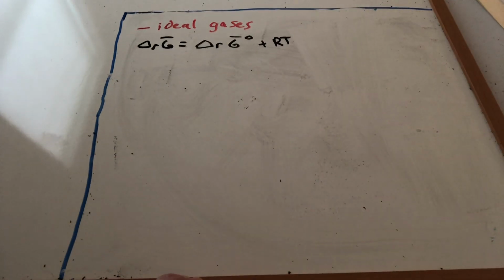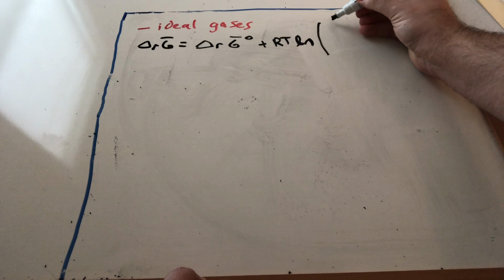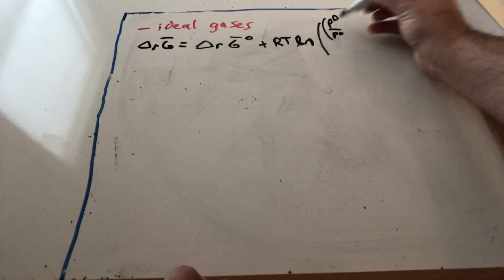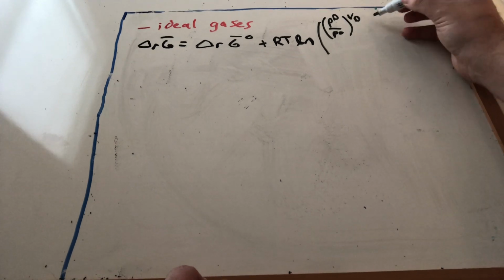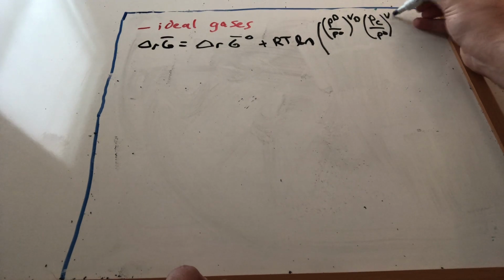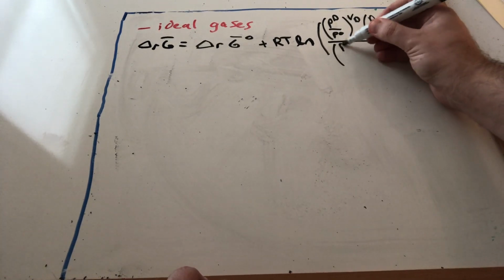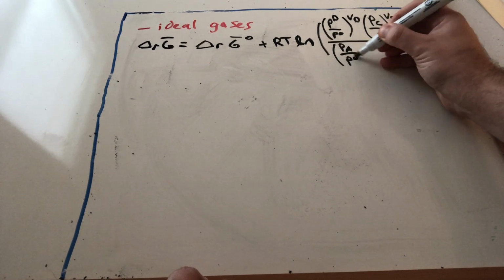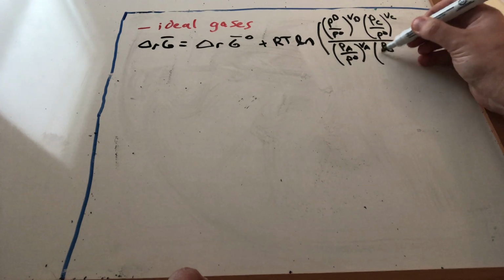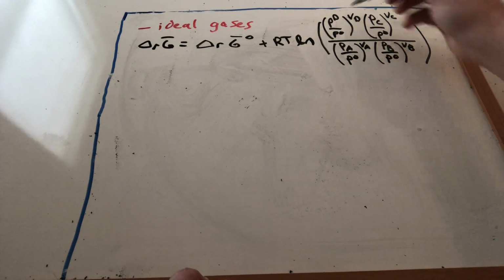And this is going to be the natural log of, give yourself some room, PD over P naught raised to the VD, PC over P naught raised to the VC, over, this is still all inside the natural log, PA over P naught raised to the VA, PB over P naught raised to the VB.